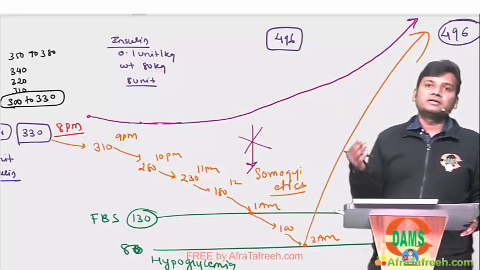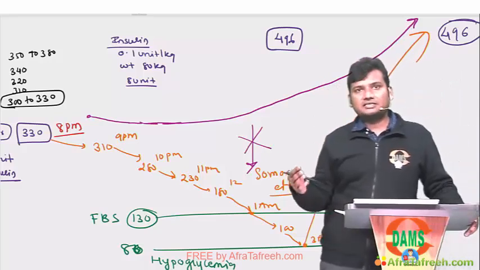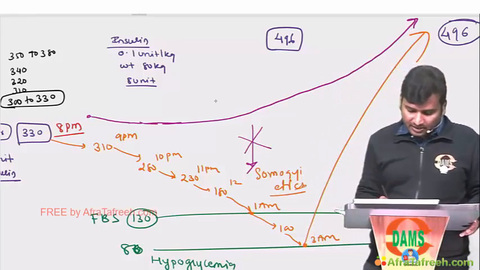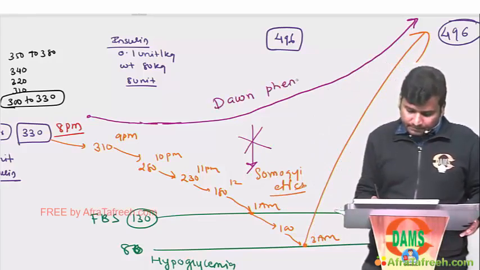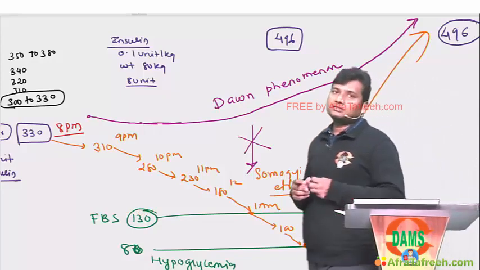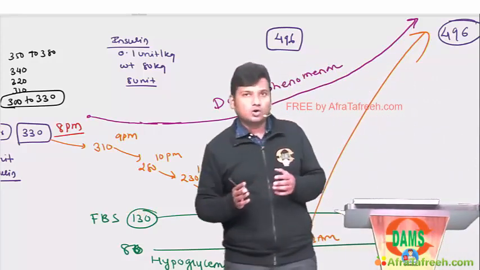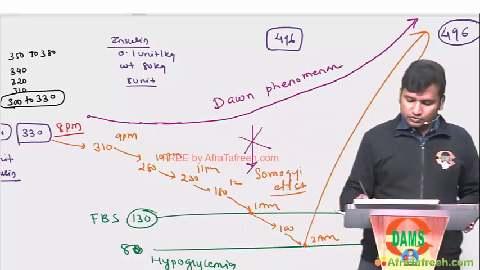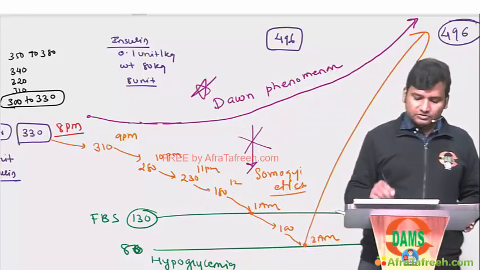Then you will say the patient has hyperglycemia because of insufficient insulin. It is called the dawn phenomenon. In dawn phenomenon, the amount of insulin given to the patient is not sufficient. So treatment of dawn phenomenon is to increase the dose of insulin.